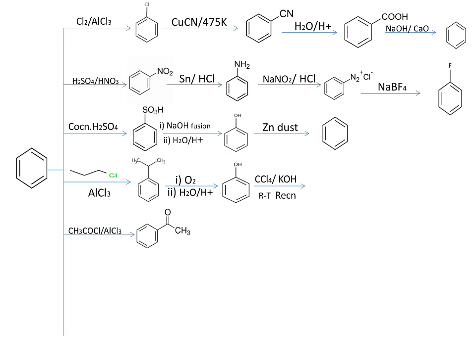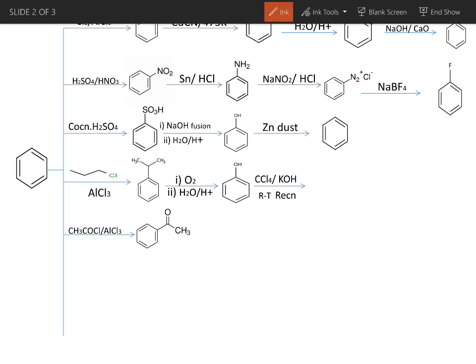Now this phenol is further reacted with CCl4, carbon tetrachloride, in presence of base KOH. On the arrow they have also written RT reaction. RT reaction means Reimer-Tiemann reaction. In the Reimer-Tiemann reaction, first phenol reacts with base, which abstracts this proton and forms phenoxide ion.